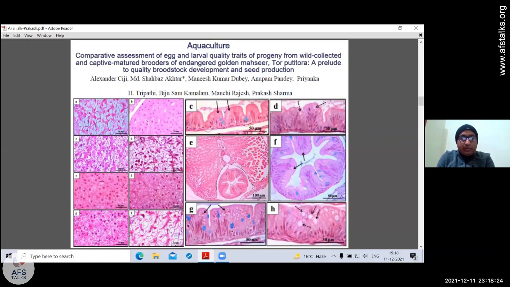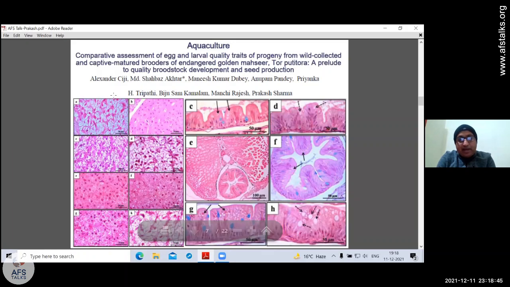In this work, there was no difference in the timing of development, but there was a difference in nutrient assimilation and deposition. We found wild captured brooders' progeny were very active in protein and lipid absorption.